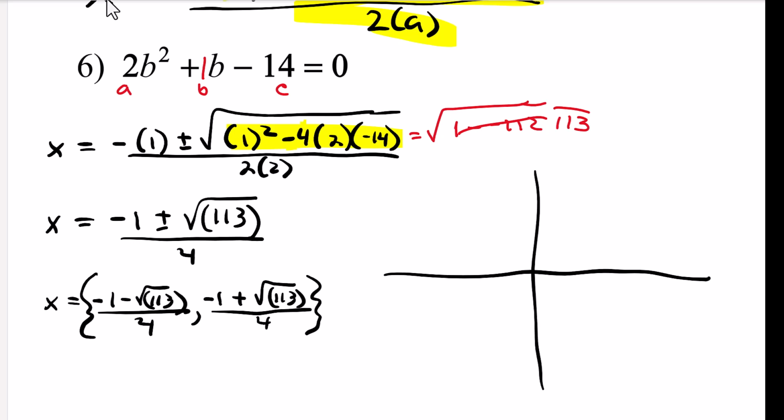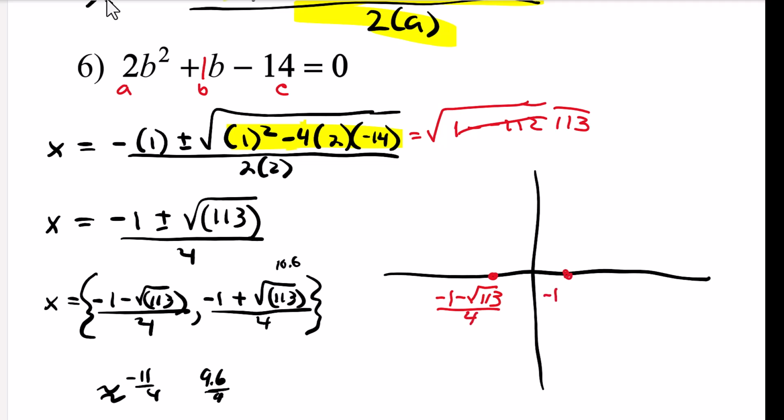So if you had negative 11 divide 4 as a rough estimate and 9 divide 4, it's really more like 10.6. So we're going to call that 9.6 divide 4. I don't know. That's a little bit less than 3. So it's going to look maybe about like this. Negative 1 subtract root 113 divide 4.